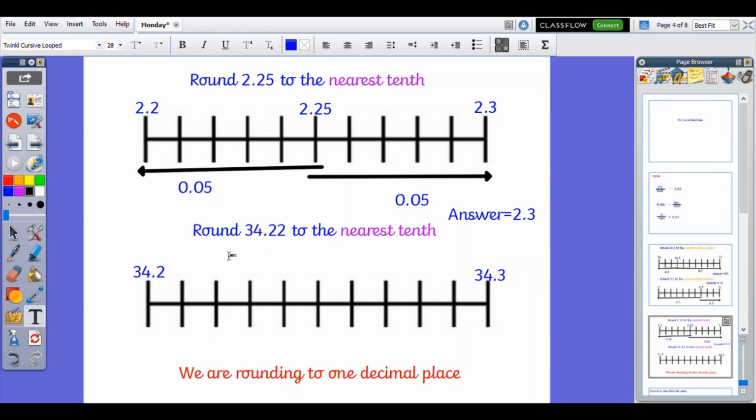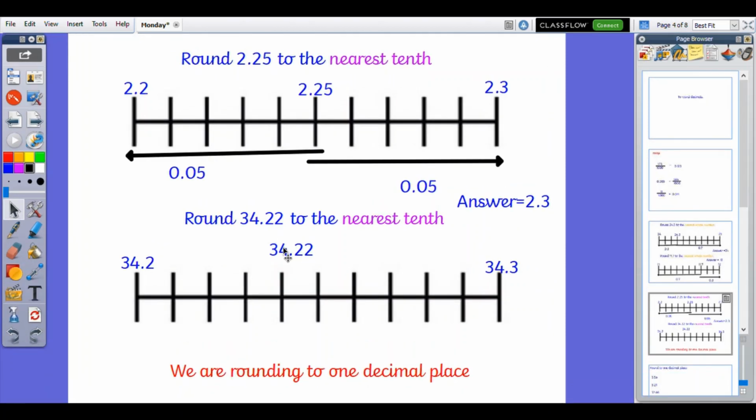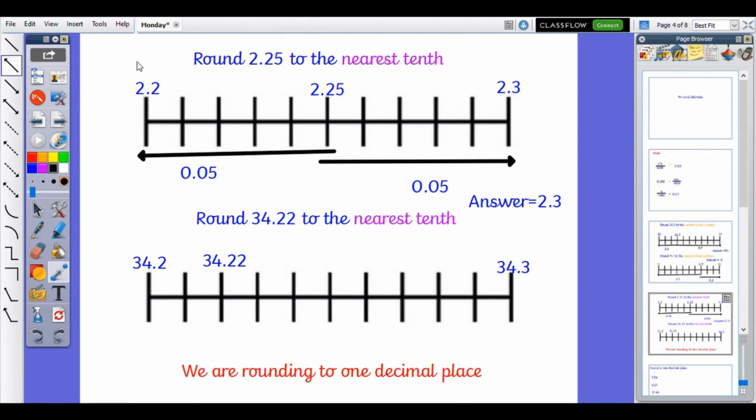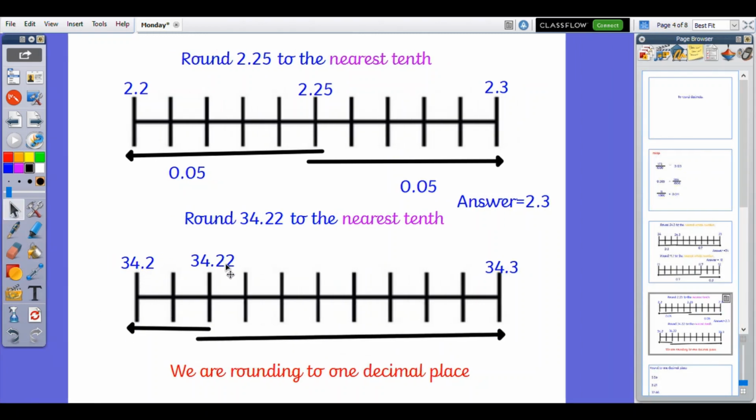Okay, so now we need to place 34.22 on our number line. So let's see. So I've got 34.2, 34.21, 34.22. So it's going to sit just there. Okay, so I'm going to use my arrows again. So I've got this distance here and I've got this distance here. So we can see that the distance between here and here is 0.01, 0.02.